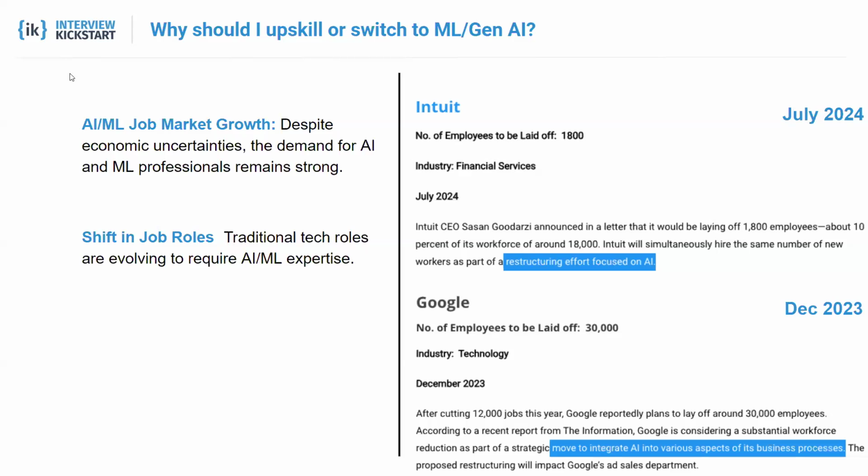So a lot of generative AI itself has largely become software engineering. That's why machine learning, data science, and generative AI are still very important, and they will continue to be important for quite a while.